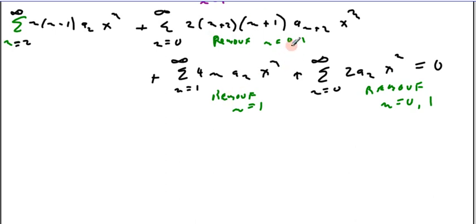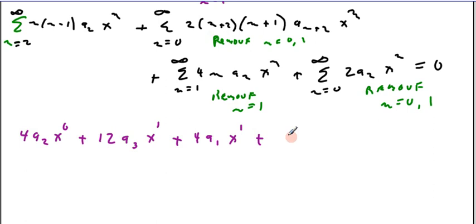Okay, so we'll start with this guy first. The 0th term, 4a2 x to the 0, the 1 term: 3 times 2 is 6, times 2 is 12, a3 x to the first, plus the n equal to 1 term, 4a1 x to the 1, the n equal to 0 term, 2a0 x to the 0, and the 1 term plus 2a1 x to the 1.